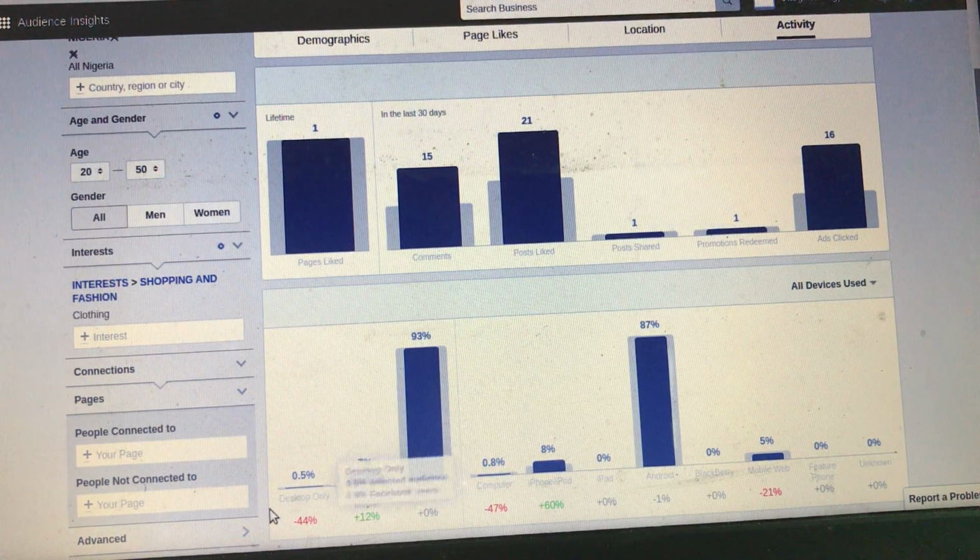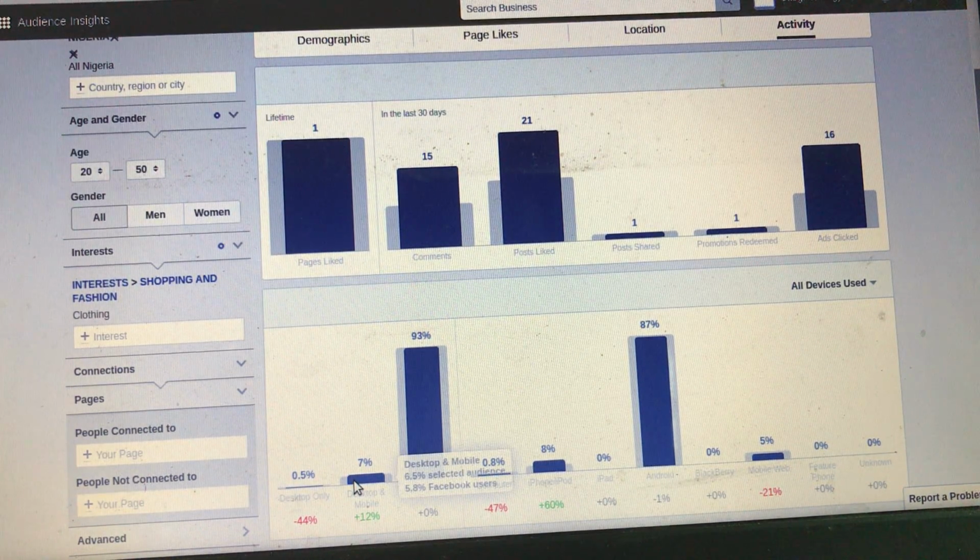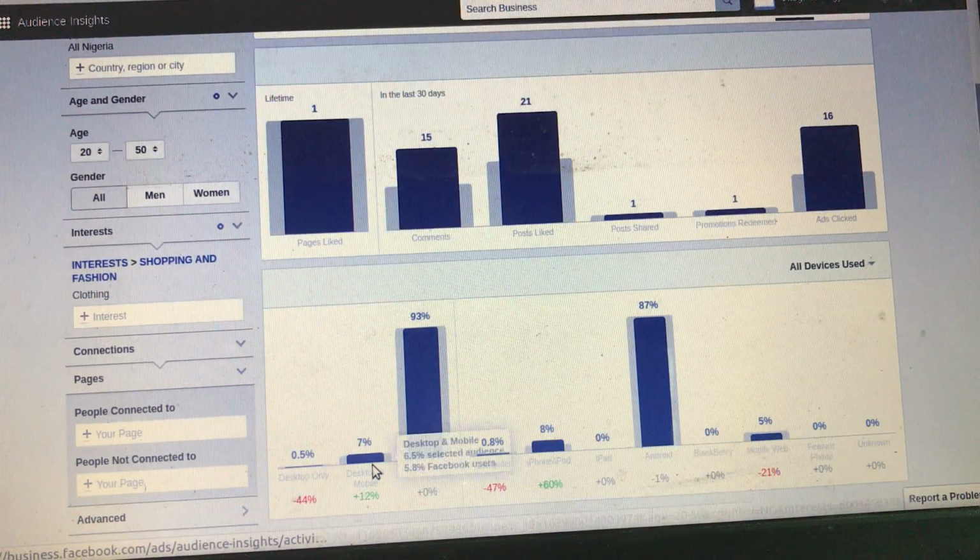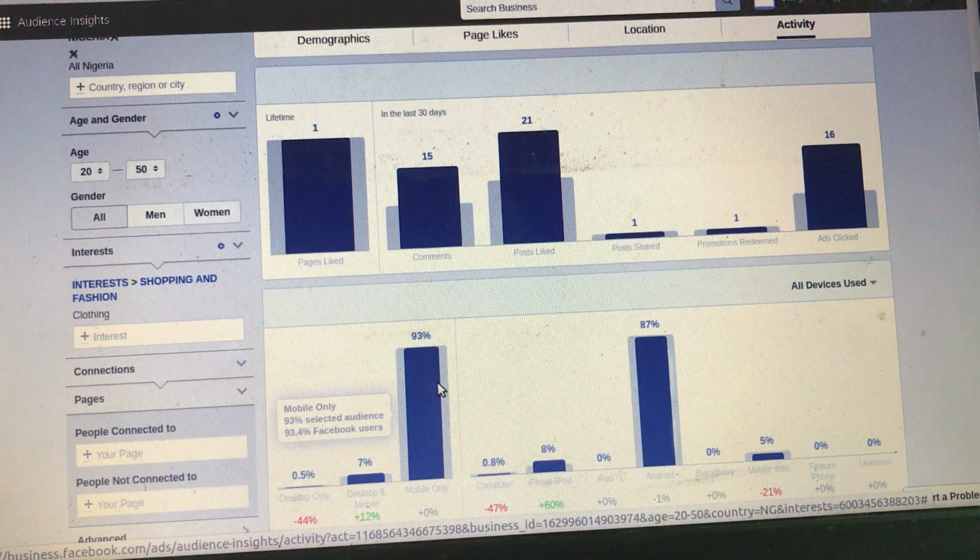So the device they use, those that use desktop, is 0.5%. So you might not want to waste your ad placement on desktop. Those that use desktop and mobile is 7%. Those that use mobile only, you can see is 93%. So if you are targeting, then I feel you should go for mobile only.